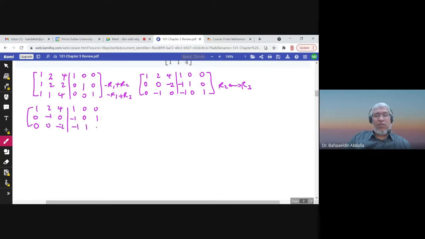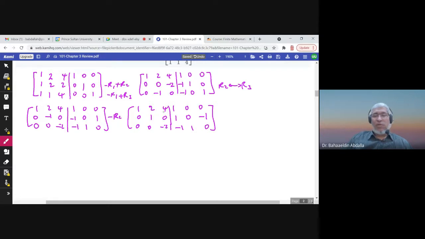This is the meaning of interchanging. And now I multiply row 2 by negative 1 because I need 1 here in the main diagonal. And the third row as it is.